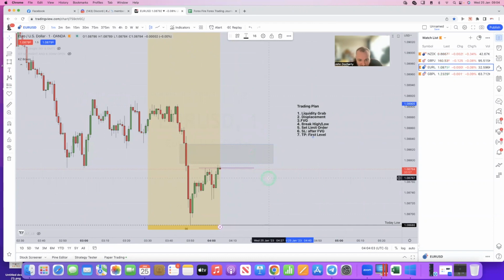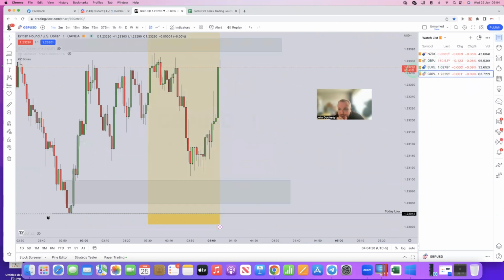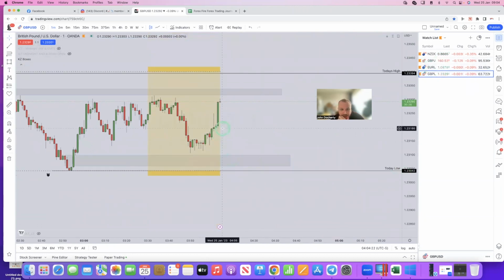Let's just give us a second. We're into a new candle. See where we are on the GBP USD. Again, we're still ranging between these two fair value gaps within the range of the 15 minutes.